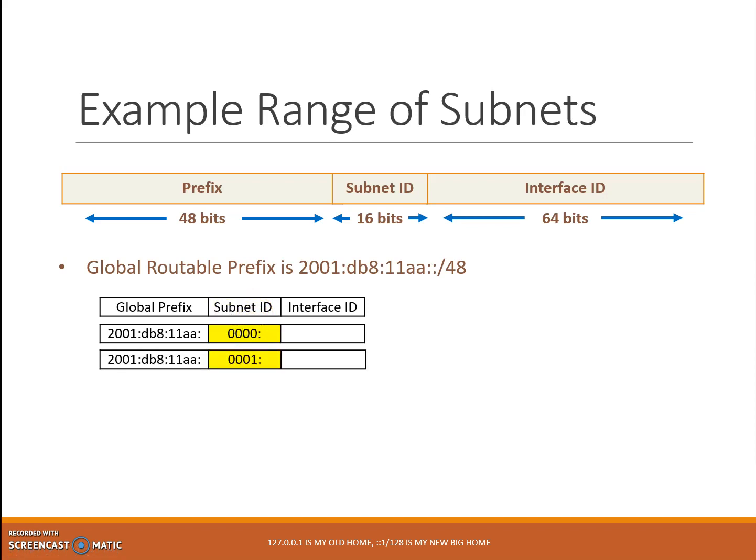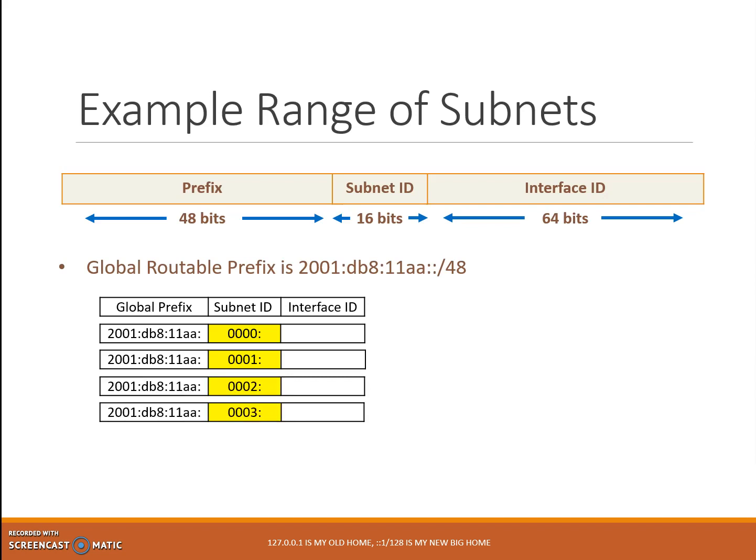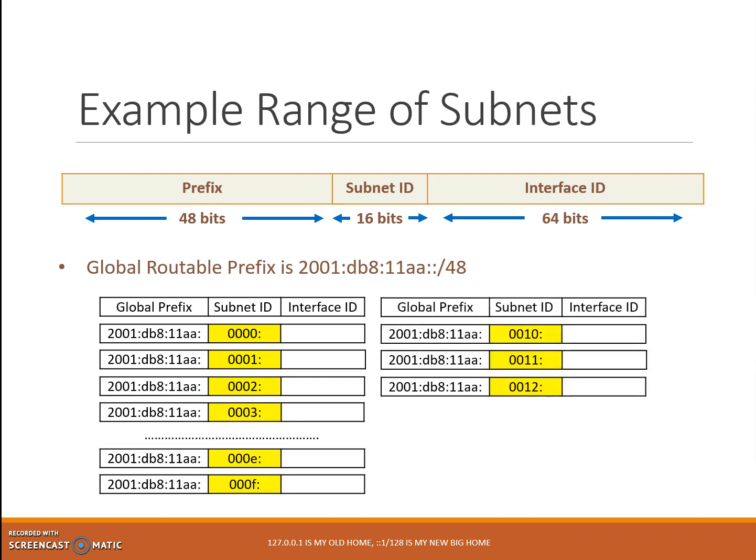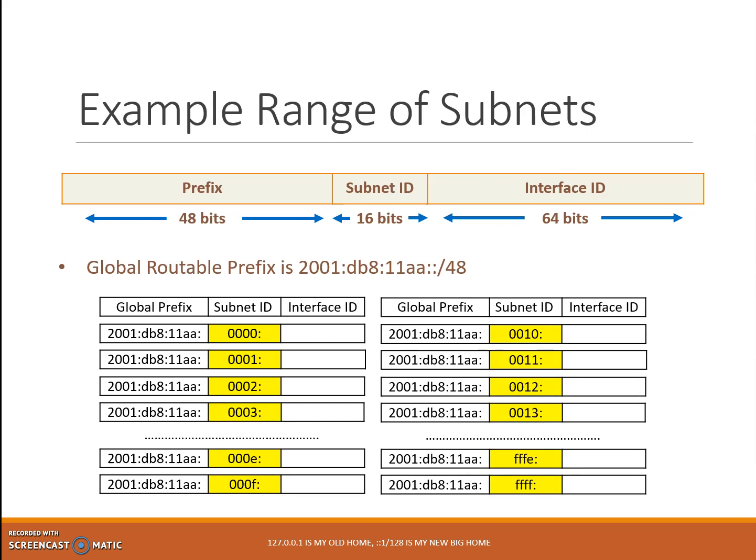Then the second subnet will be assigned 0001, 0002 for the third subnet, then all the way to FFFF for the last subnet ID, and the total number of subnets is 65,536.